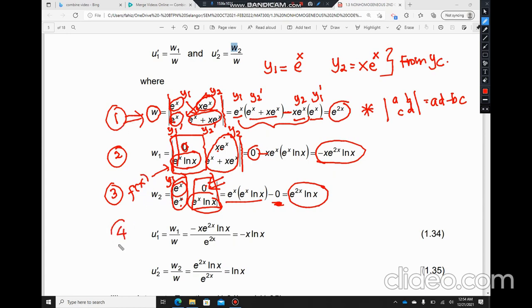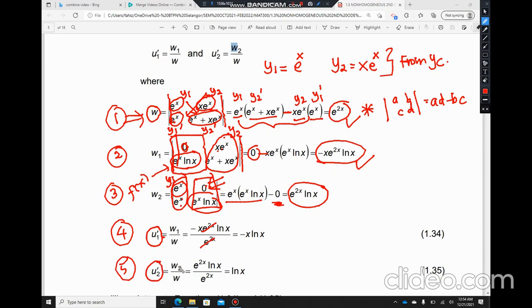And then number 4, we need to find U1 prime. Yang ni formula untuk U1 prime, which is W1 over W. Tak ada masalah, W1 kita dah ada, W pun kita dah ada. xe^2x ln x over e^2x. After you simplify, you get negative x ln x. Number 5, kita nak cari U2 prime pula.